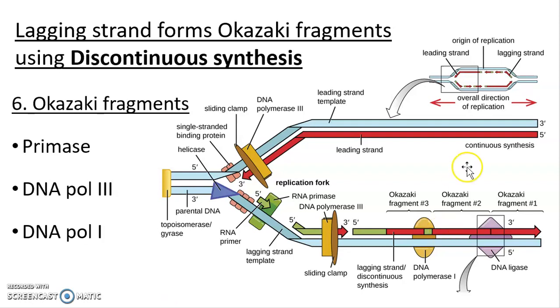If you think about this ORI right here, you can have an RNA primase land there, your DNA polymerase 3 comes in, and it starts chugging along, making your new DNA in the opposite direction from the way the helicase is traveling. And as the helicase travels further down, it opens up a new stretch of DNA, and you do the same process over again.